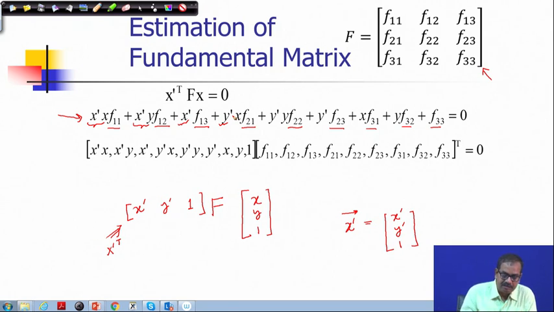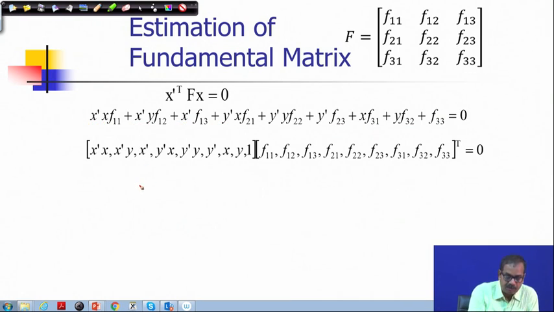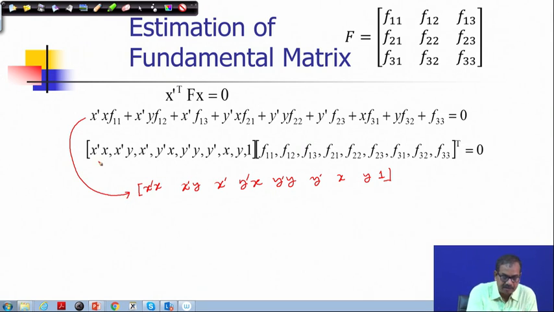Now this equation in matrix form is written here. Let me write it in a proper notation, which is more convenient to understand. These are the coefficients of those equations: x prime x, x prime y, x prime, then y prime x, y prime y, y prime, x, y, 1. I am converting this equation to matrix form, which is written here also.